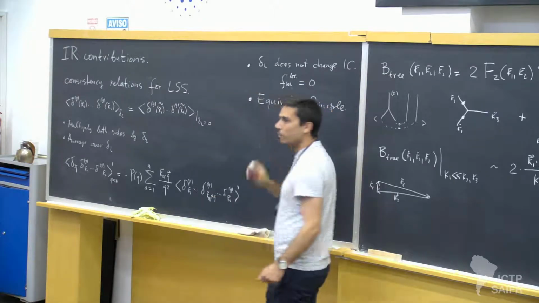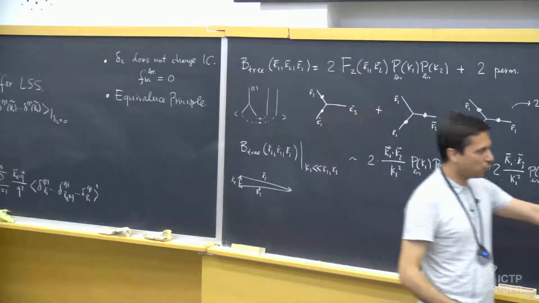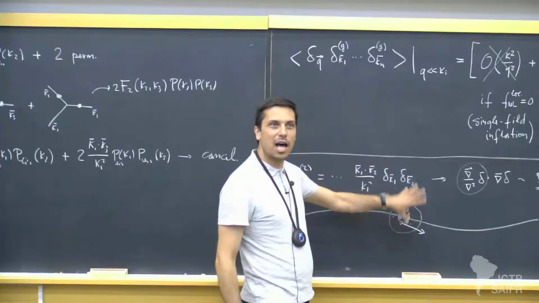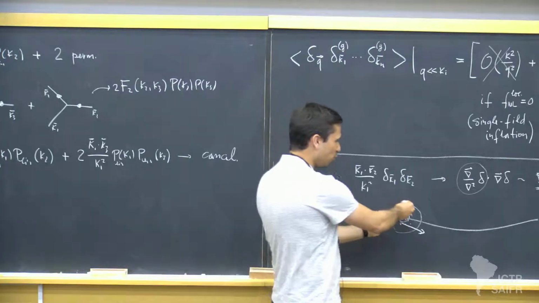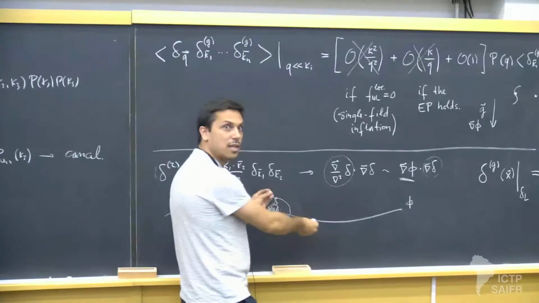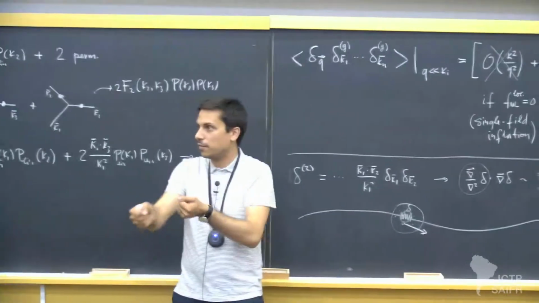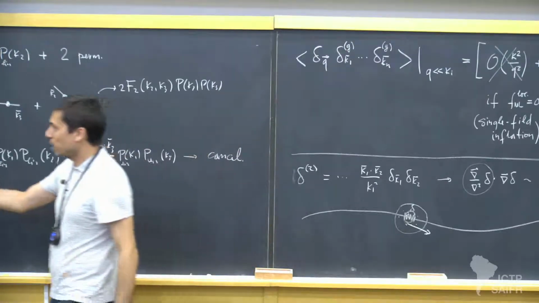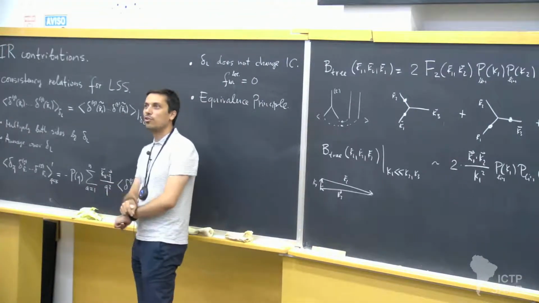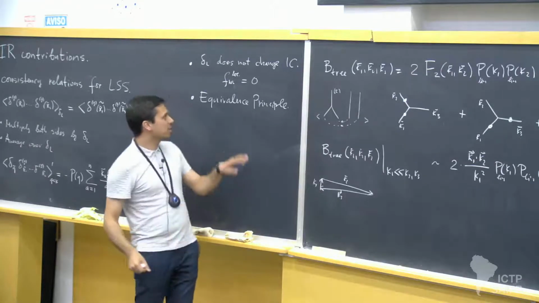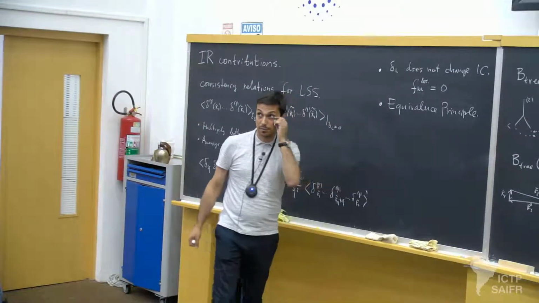So if there is no equivalence principle, then when I put, for example, different galaxies, one of them large, one of them small, one of them red, one of them blue, they're all going to fall by slightly different amounts, and I'm going to displace them by slightly different amounts, and this cancellation then will not happen. I will have some net residual 1 over q thing, okay? So it is crucial to have the equivalence principle.